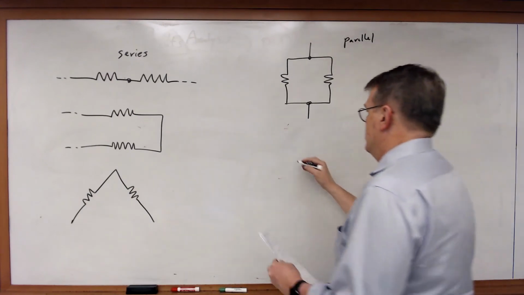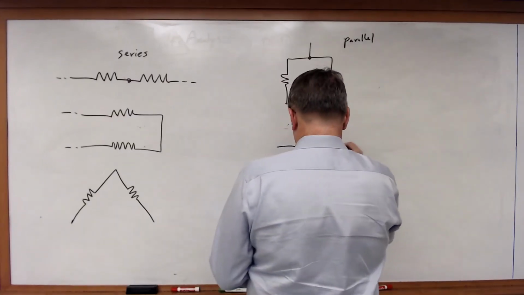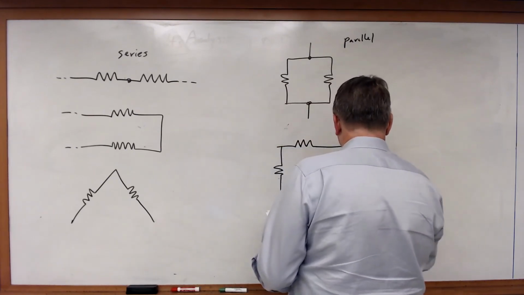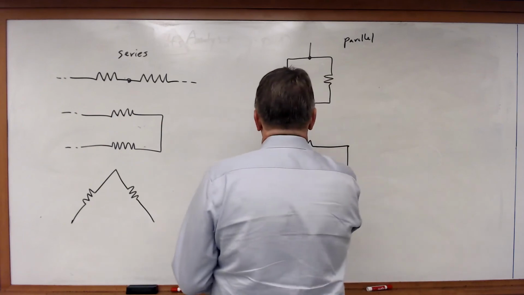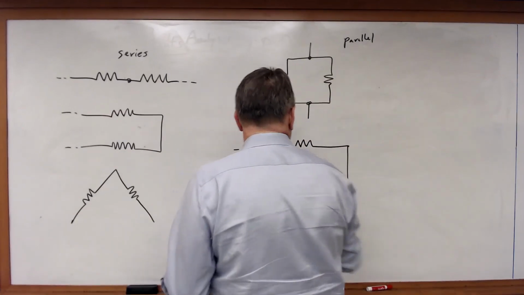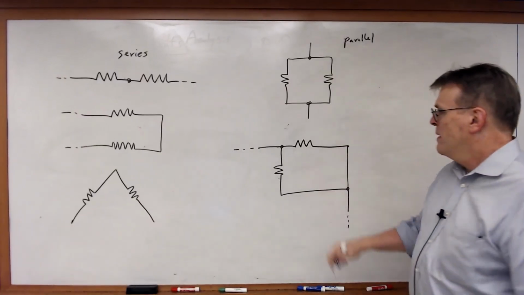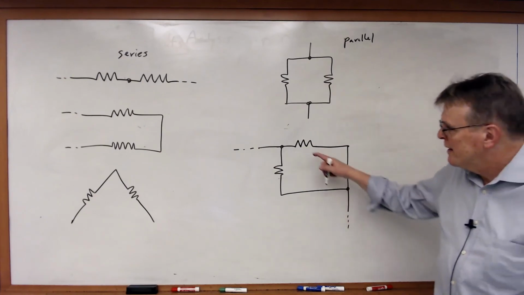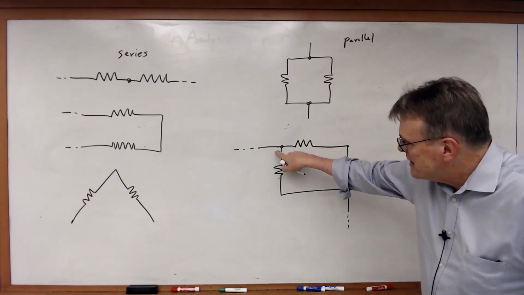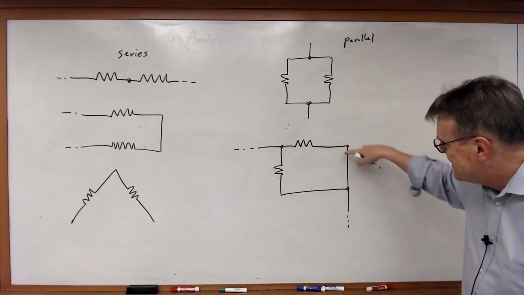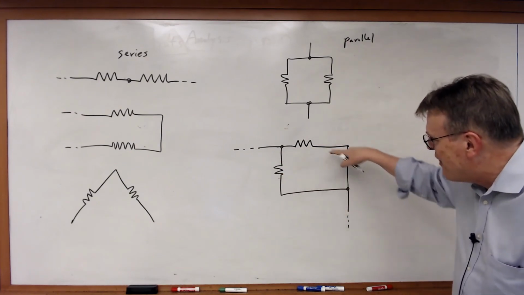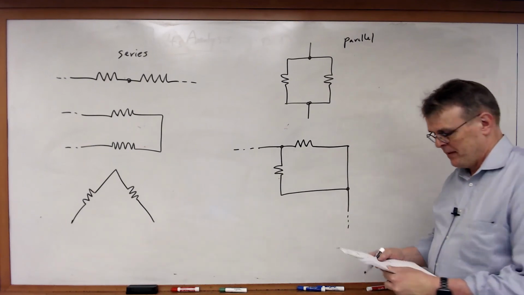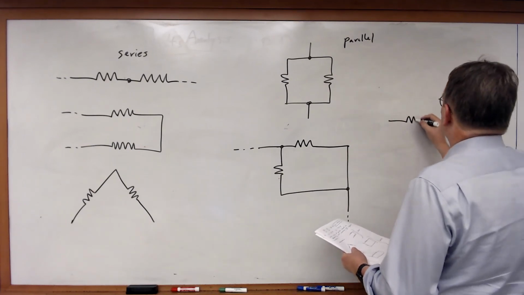What about this? Series or parallel? It's drawn kind of a weird way, but look, connected together on this end at this node, connected together on this end at that node. Those two elements are also in parallel. What about this?